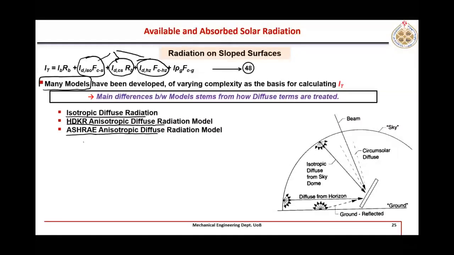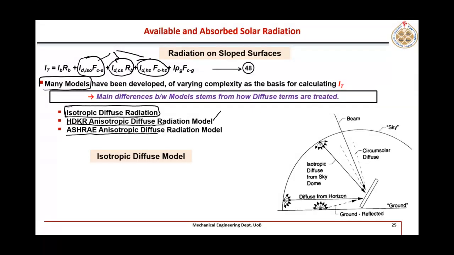In this course, or in this book, mainly the more common and simpler model we will use. This is called the isotropic diffuse radiation model. The others are more complicated, so we'll be using this one. So what is that isotropic diffuse model?